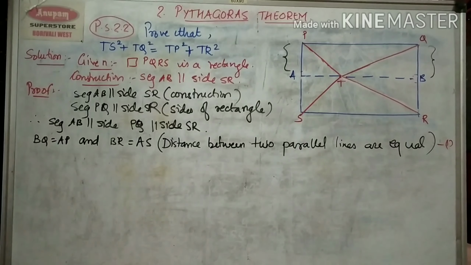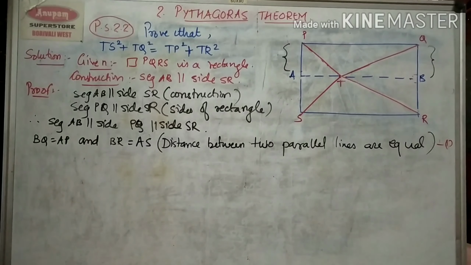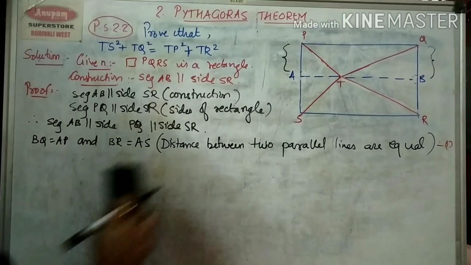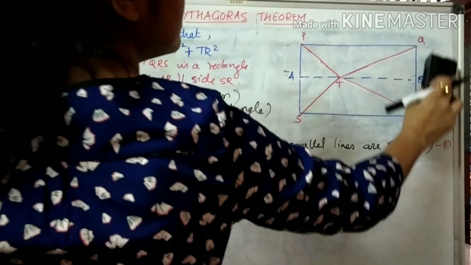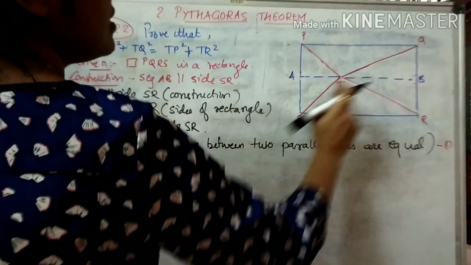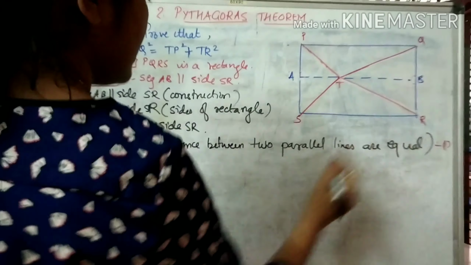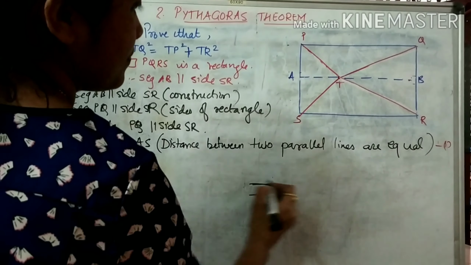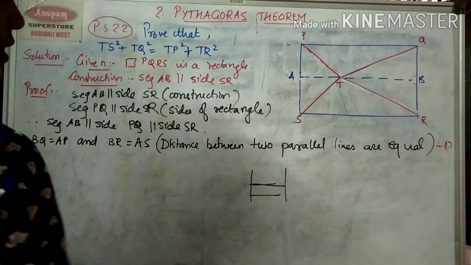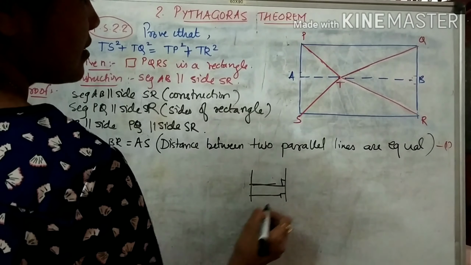Next, I will say now if AB is parallel to SR. Now look at this. Now if AB is parallel to SR, and if these two are the transversals, then can I say these two angles are equal?